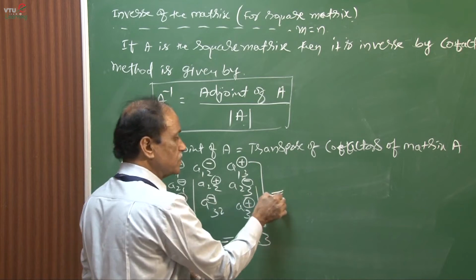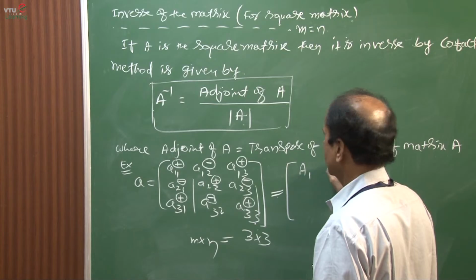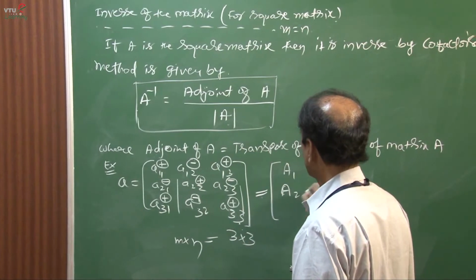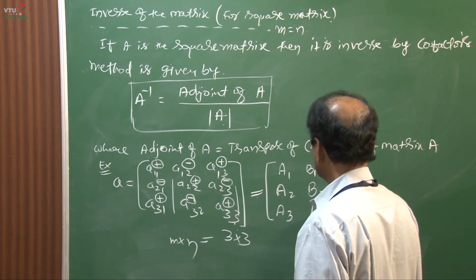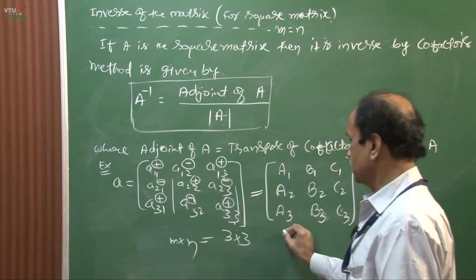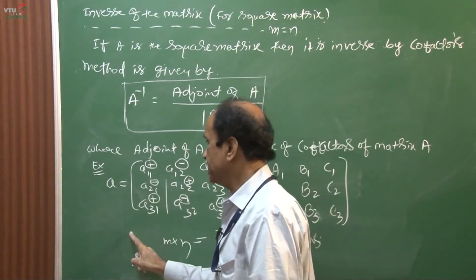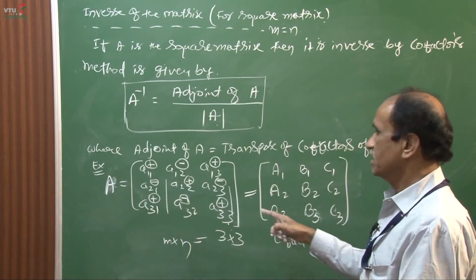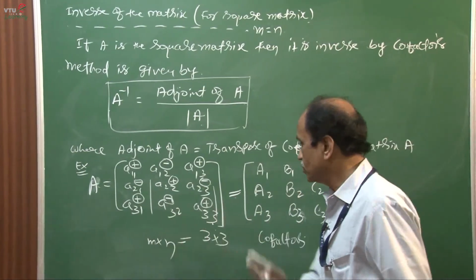So if this is equal to A1, B1, C1, A2, B2, C2, A3, B3 and C3, these are the cofactors. Okay, this is the matrix given, sorry, this is capital A, and this is the cofactors matrix, with cofactors and without cofactors.